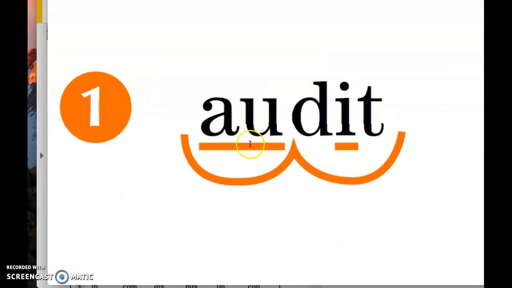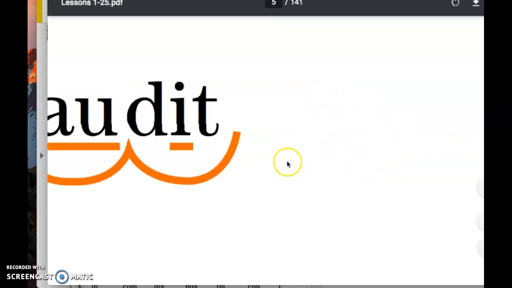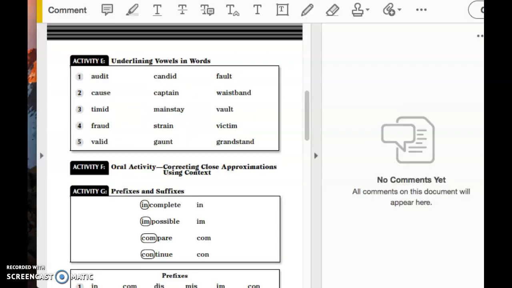Look, AU gets underlined. I gets underlined because it's also a vowel. Ah is the first word part. It is the second part. Audit. What word? Audit.